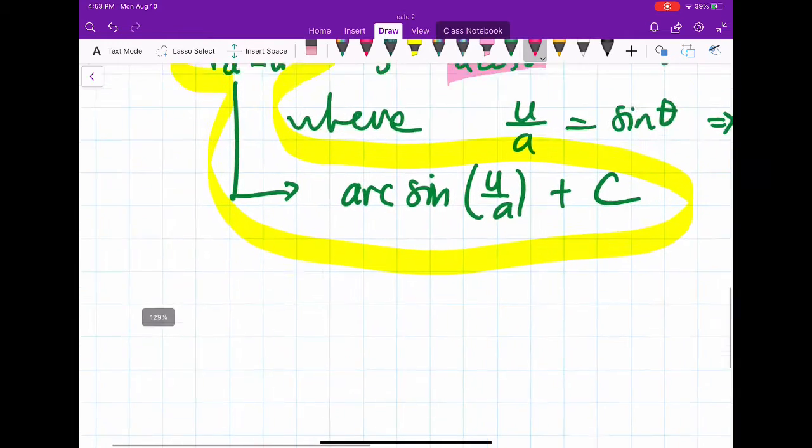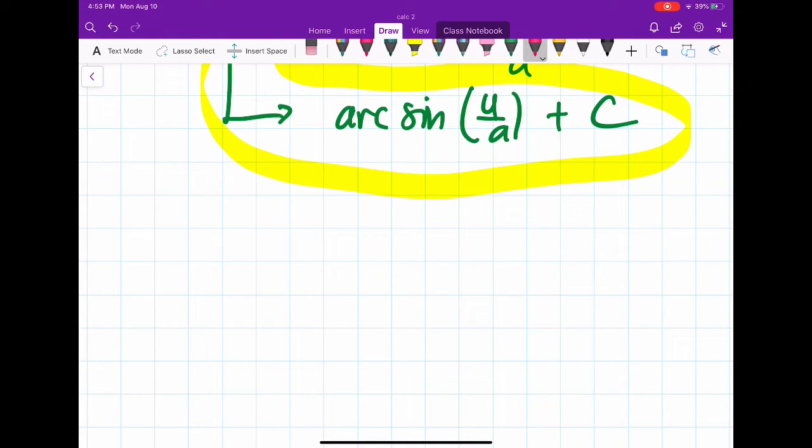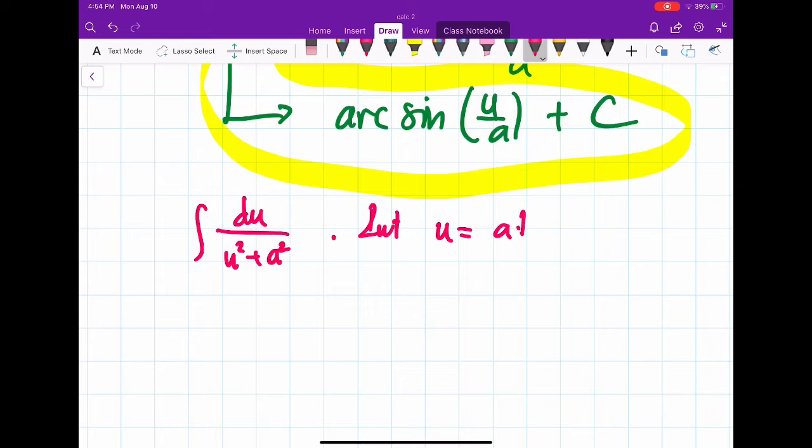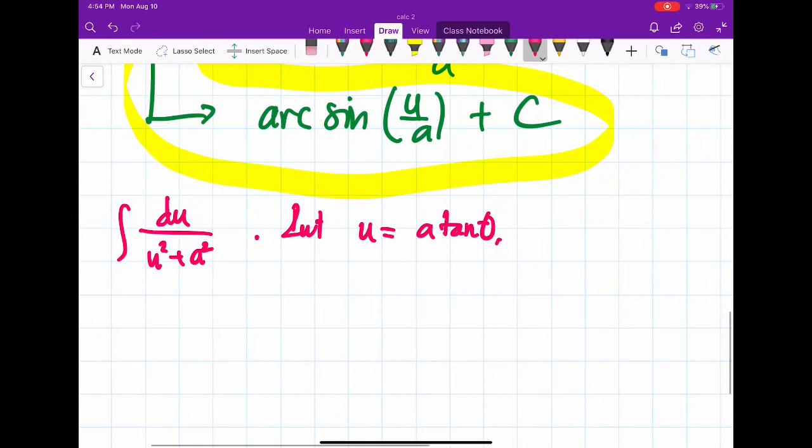Okay? Let me rewrite the second integral: du over u squared plus a squared. So I put u equal to a tangent of theta. Similar to the case of sine, we consider the case when theta is between negative pi over 2 and pi over 2. In that interval, tangent has an inverse.